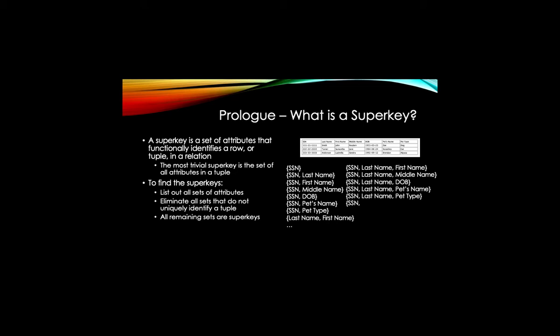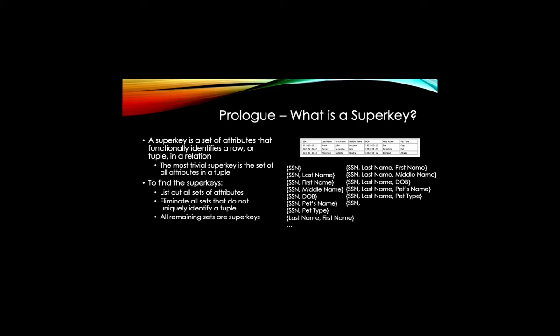So the most trivial super key in a database is every column or every attribute associated with a record. I've got 700 attributes, all 700 of them, as long as there aren't duplicates in the table, each combination of every possible attribute is a super key.